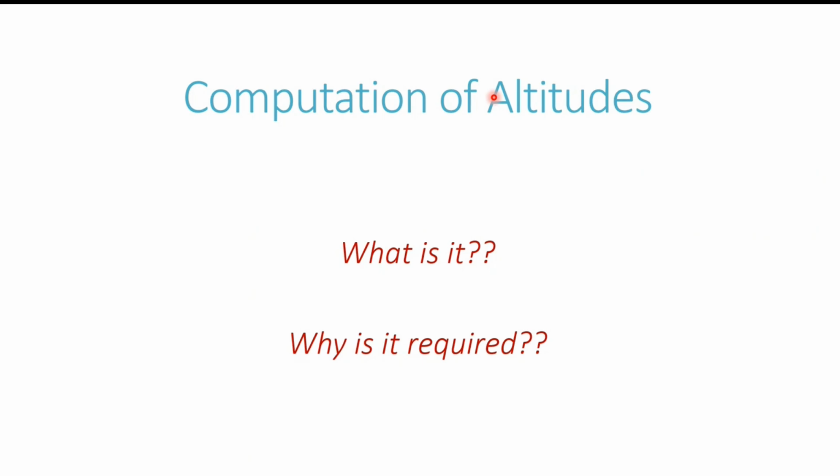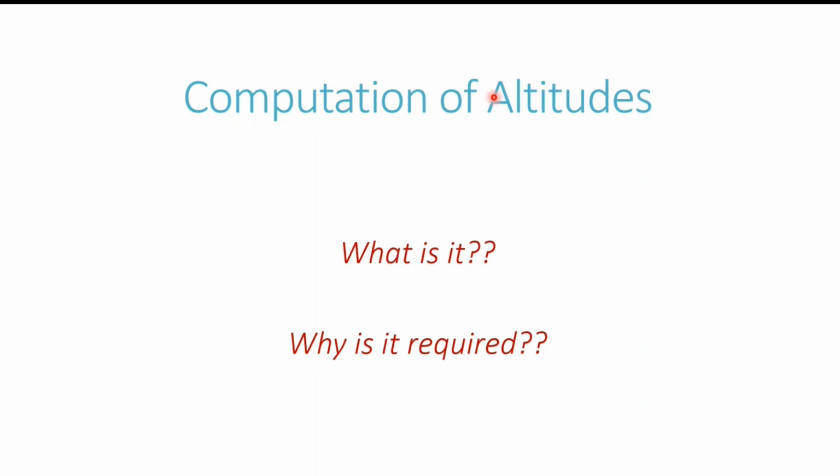With a sextant, with the instrument, you are able to obtain it only in real time. But when you use the computation method, you can calculate the altitude of a body for a future date and time of your requirement, of your choice. So let us now see how we compute the altitudes of the bodies.